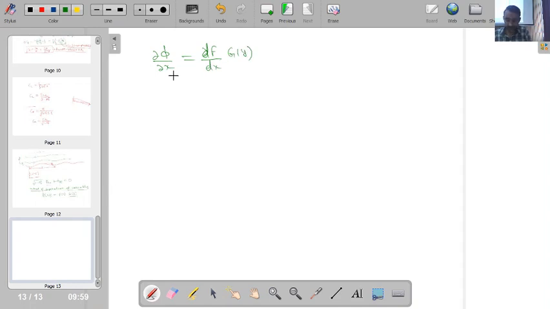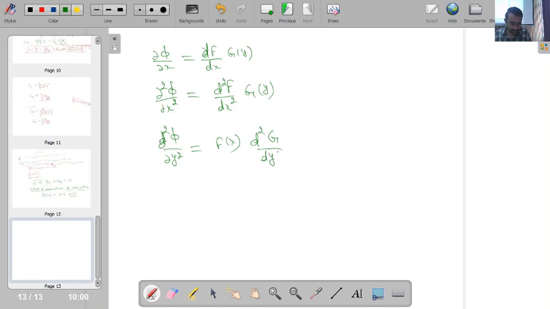If I have to calculate del square phi by del x square, it will be d square f by dx square into g of y. Similarly, if you have to calculate del square phi by del y square, that will be f of x into d square g by dy square. So now you can replace these two terms.